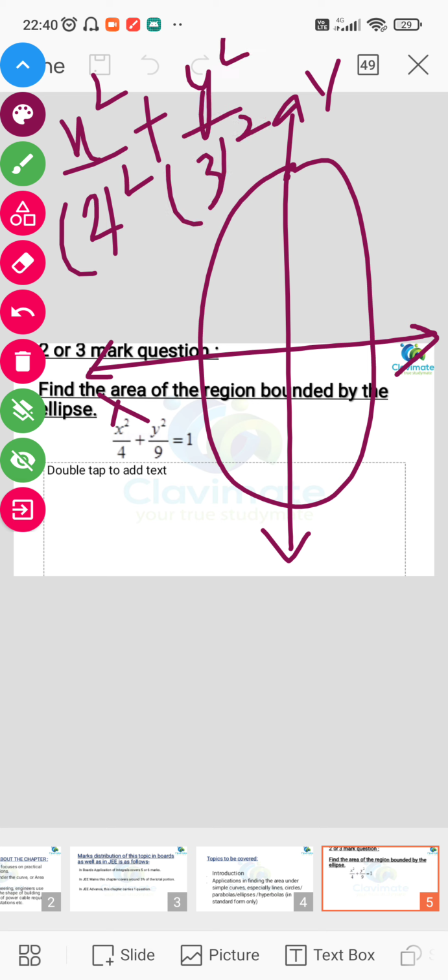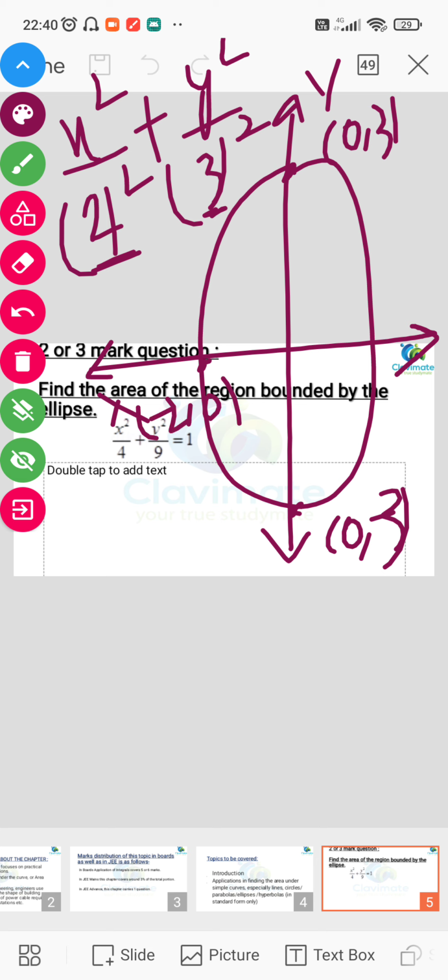So the points are 2 and 3. Here the point will be 0 comma 3, this point will be 0 comma minus 3, the point of the minor axis will be minus 2 comma 0, and here the point will be 2 comma 0. Why are these points 0? Because on the x-axis the y coordinate remains 0, and on the y-axis the x coordinate remains 0.